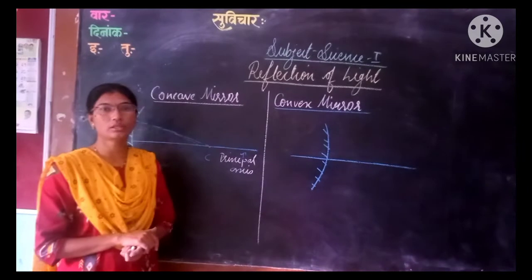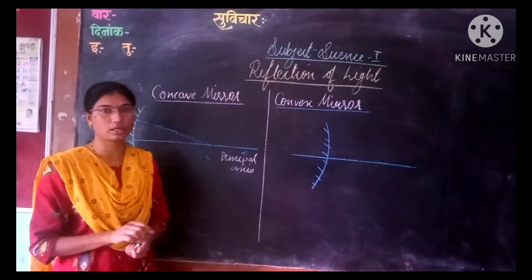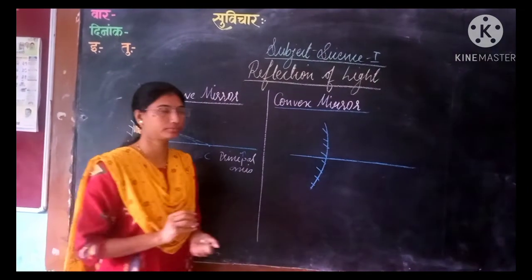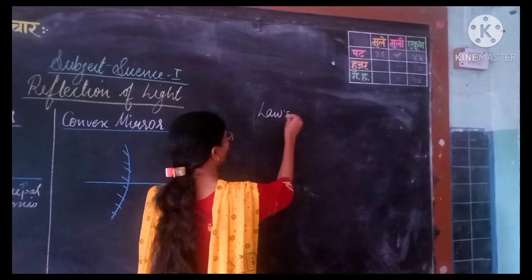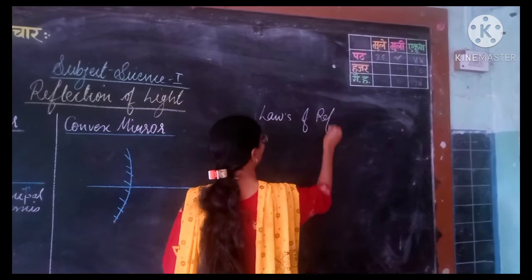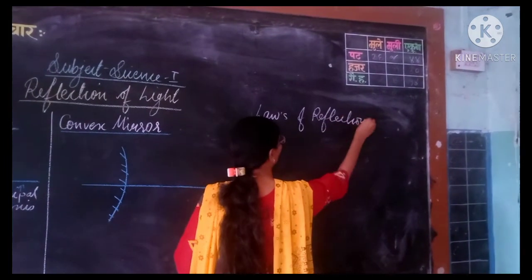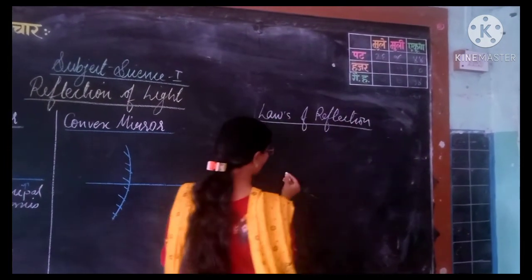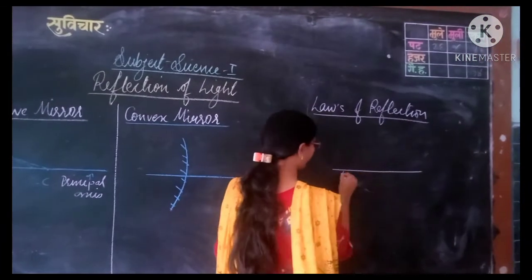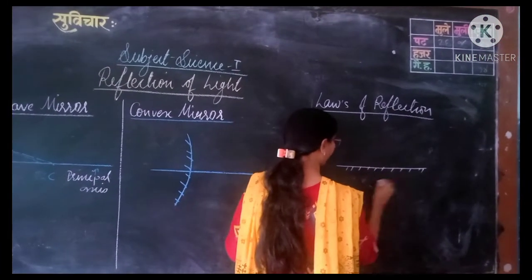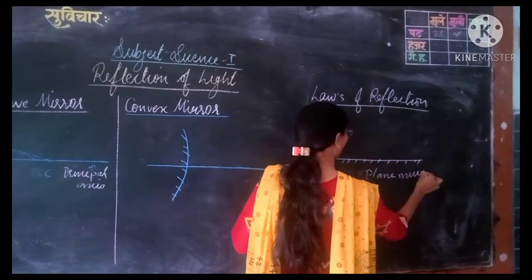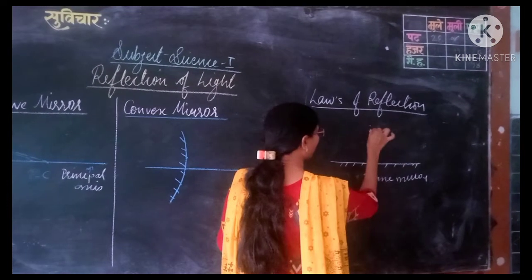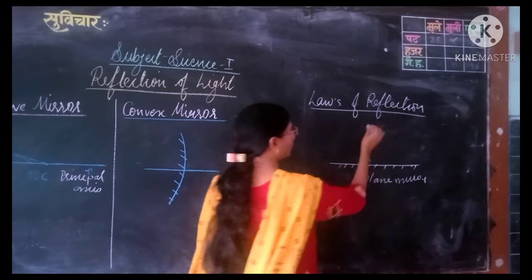You have studied the laws of reflection in your 8th class. Let's recall that. So, laws of reflection. Suppose this is a plane mirror, as you know, and suppose this is a normal.